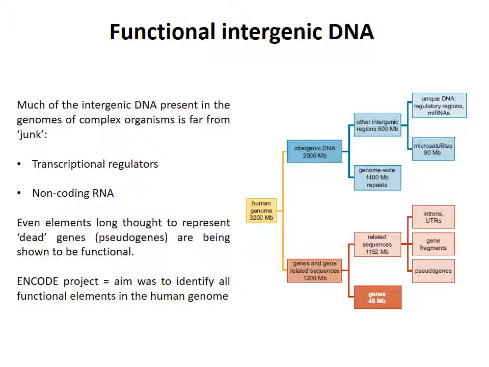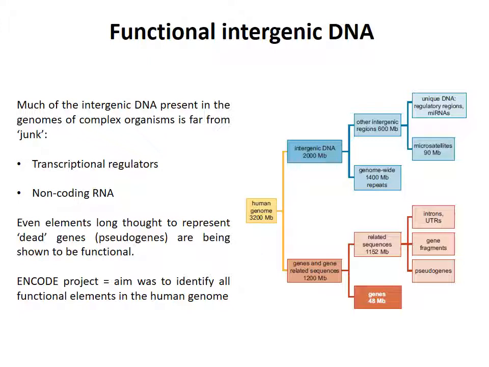Transcriptional regulators represent the enhancer and insulator sequences found upstream of genes, which are used by cellular transcription machinery in order to either enhance or dampen down expression of genes during transcriptional programs. And non-coding RNA includes microRNAs, which we've just discussed, but also long non-coding RNAs as well.